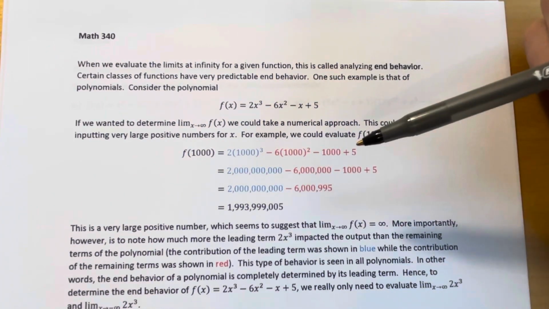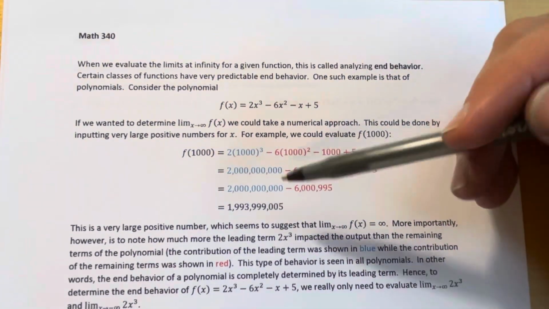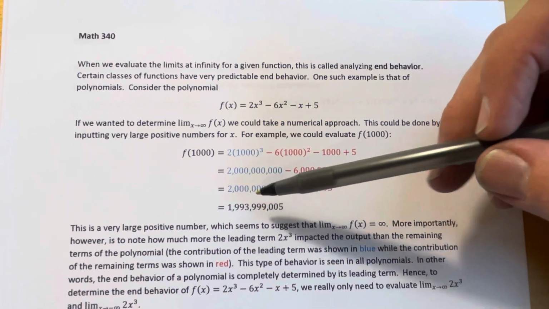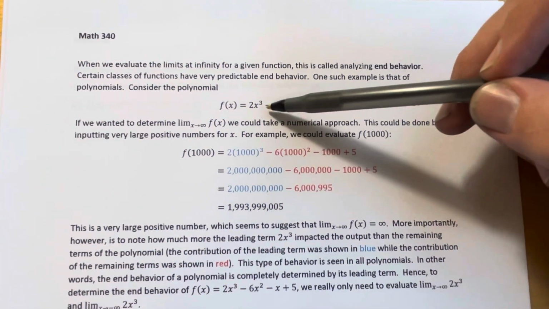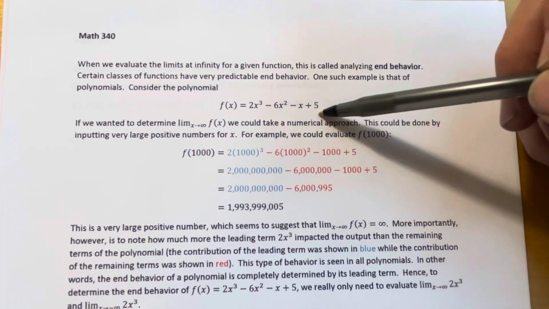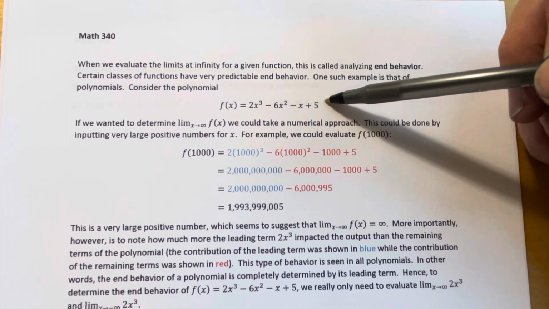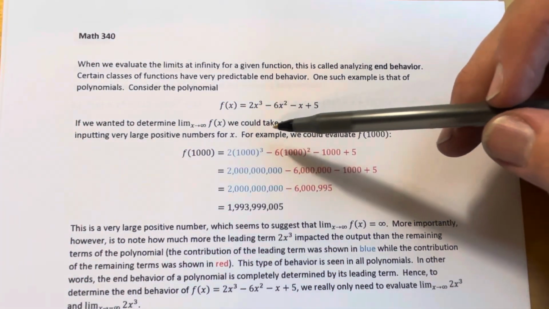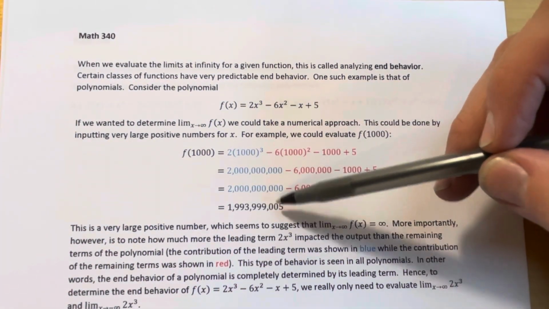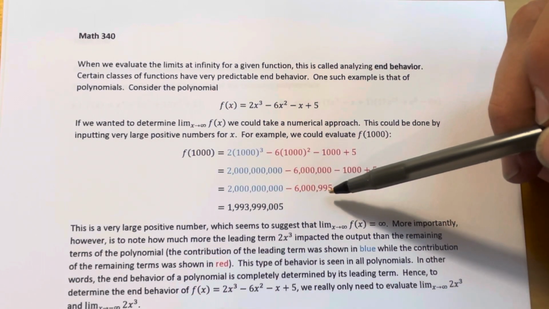But more important than just making that observation is that this first term just by itself completely dominated all of the remaining terms. Even though there were 3 of them, the highest degree term, which we call the leading term of a polynomial, contributed far more to the end result than any of the other terms did combined.